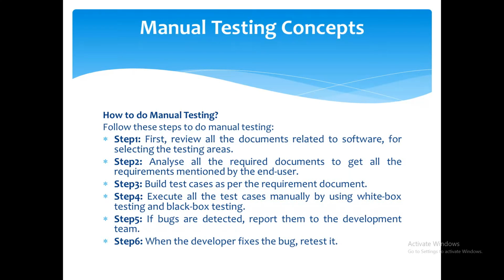Third, build test cases as per the requirement document. Fourth, execute all the test cases manually by using white box testing and black box testing. Fifth, if bugs are detected, report them to the development team. And sixth, when the developer fixes the bug, retest it.